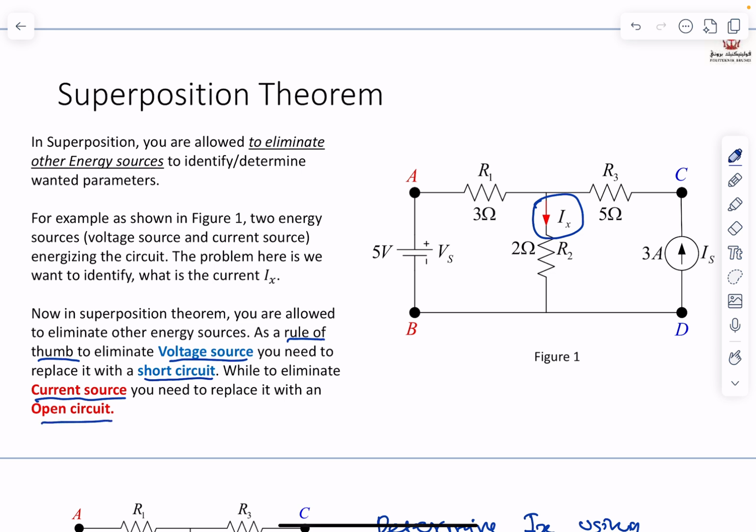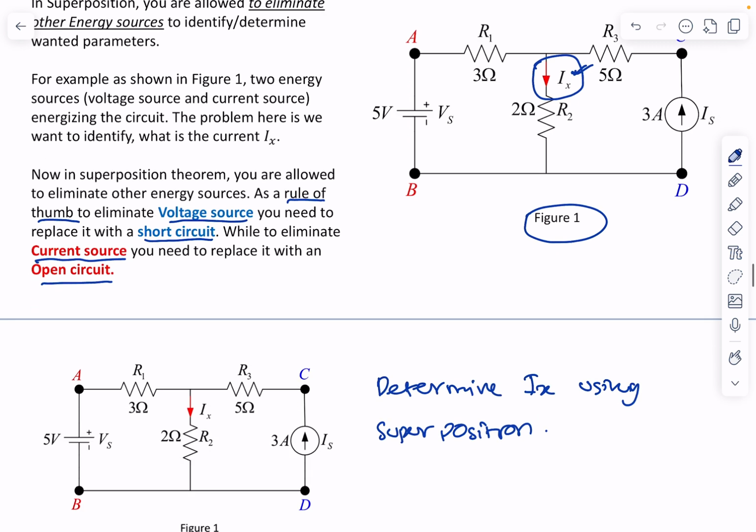Let's look at this example, figure 1, on how to solve Ix using superposition. You can eliminate one of the energy sources in order to calculate Ix.